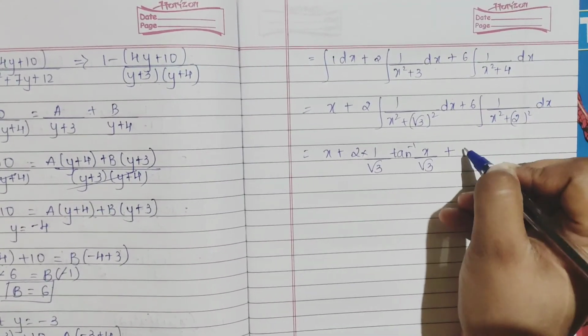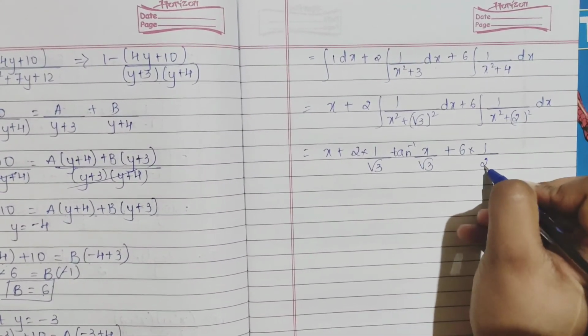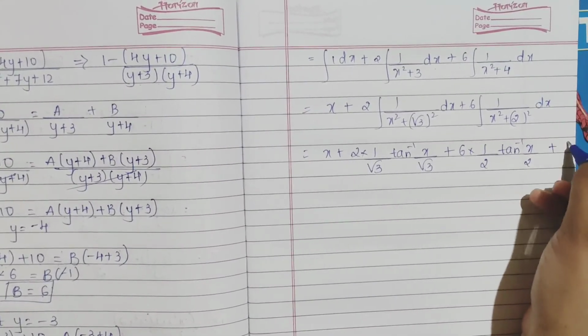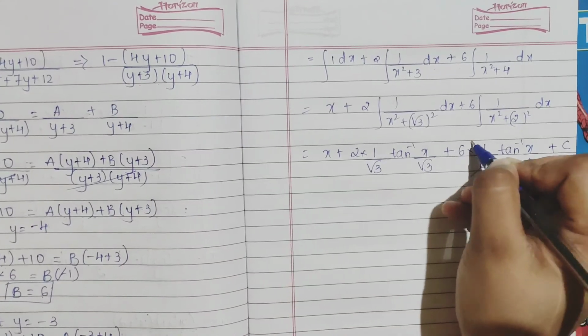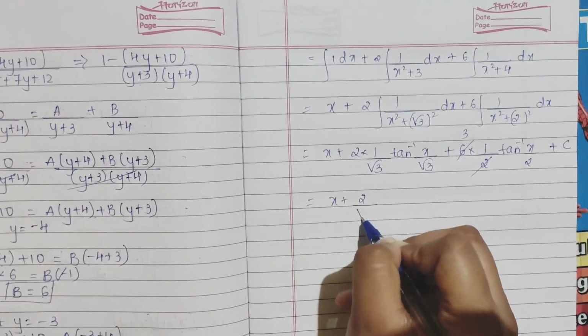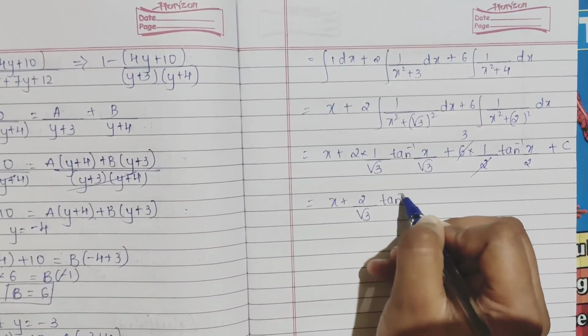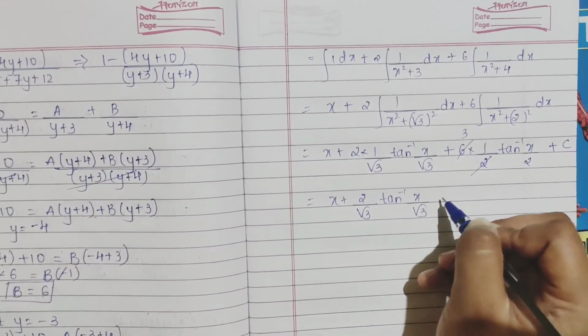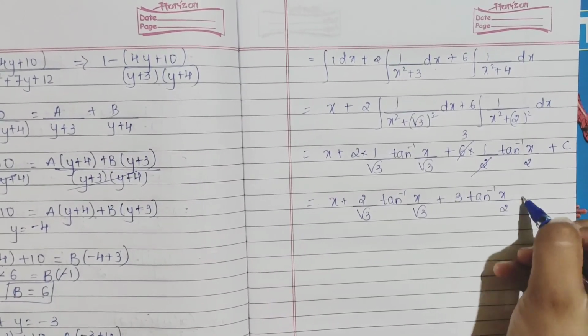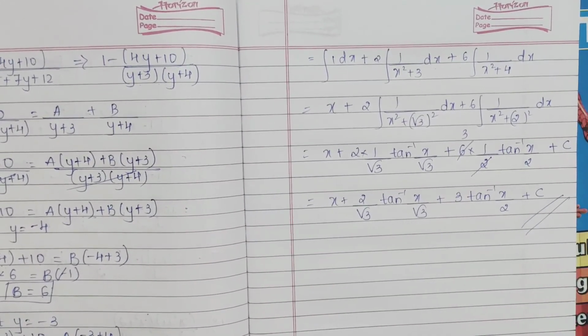Here also 1 by a tan inverse x by a, plus c. So you will have x plus 2 by root 3 tan inverse x by root 3 plus 3 tan inverse x by 2, plus the integration constant.